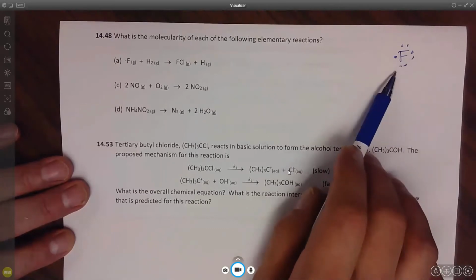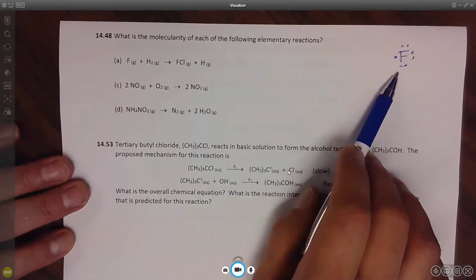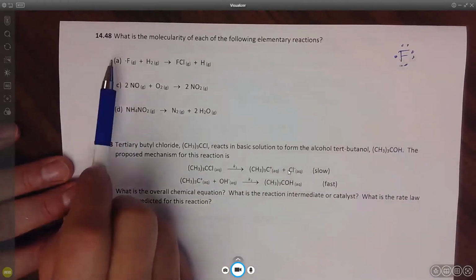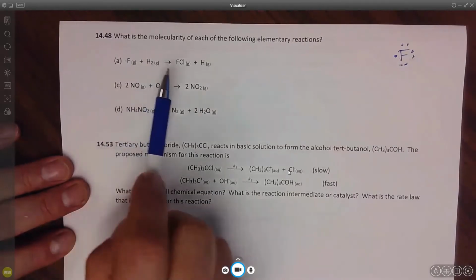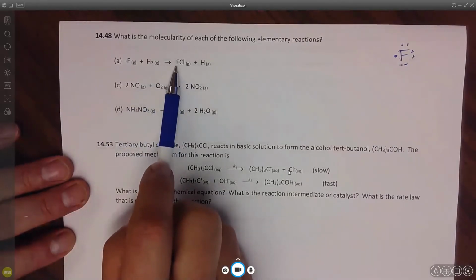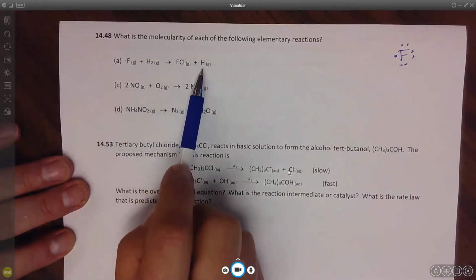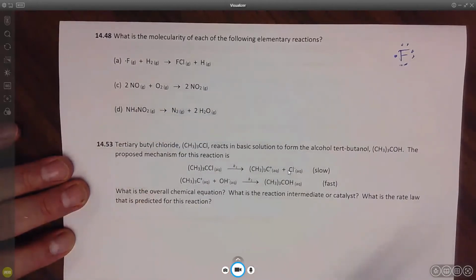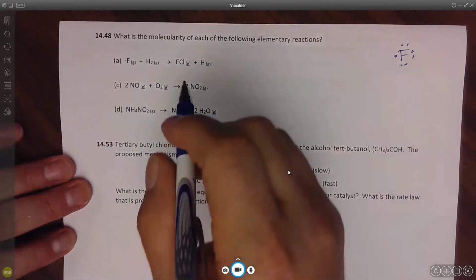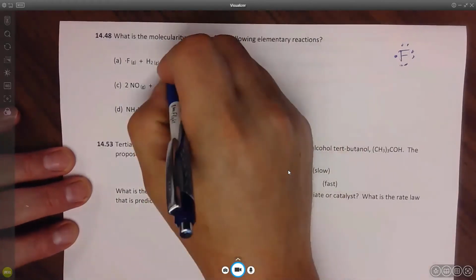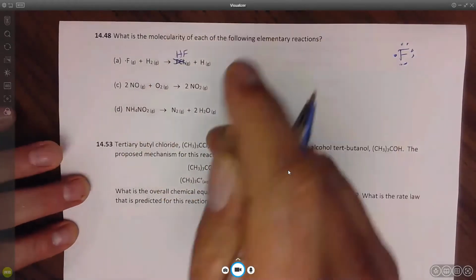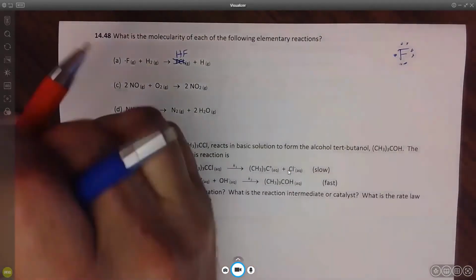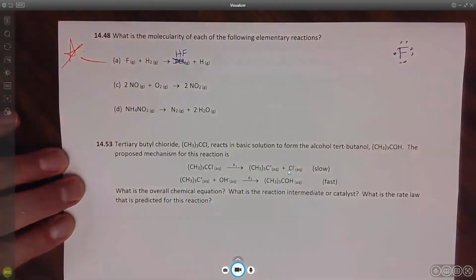That's why I kept saying the fluorine atom by itself is going to be really reactive and react fast. So we have the fluorine radical, the fluorine atom, reacting with hydrogen gas to form HF and hydrogen. This is wrong, this is supposed to be HF.